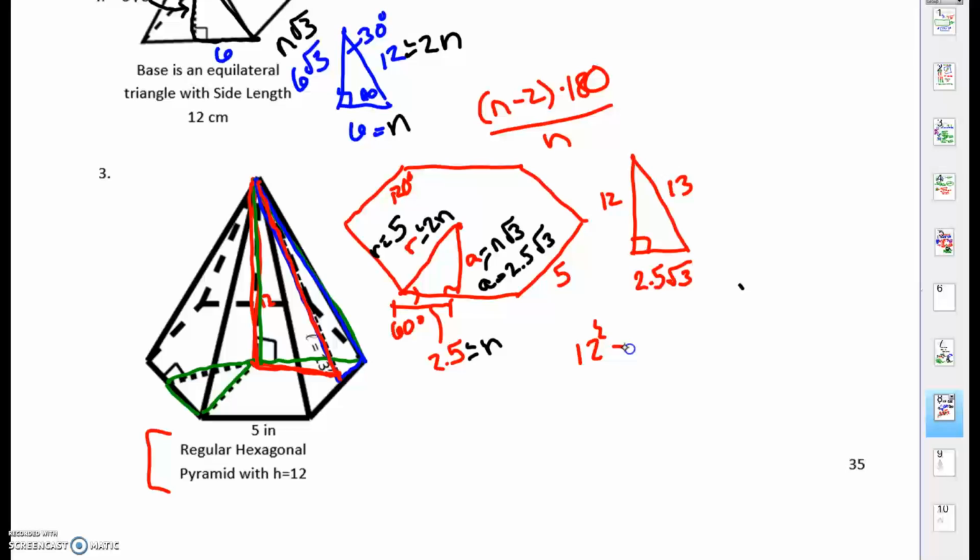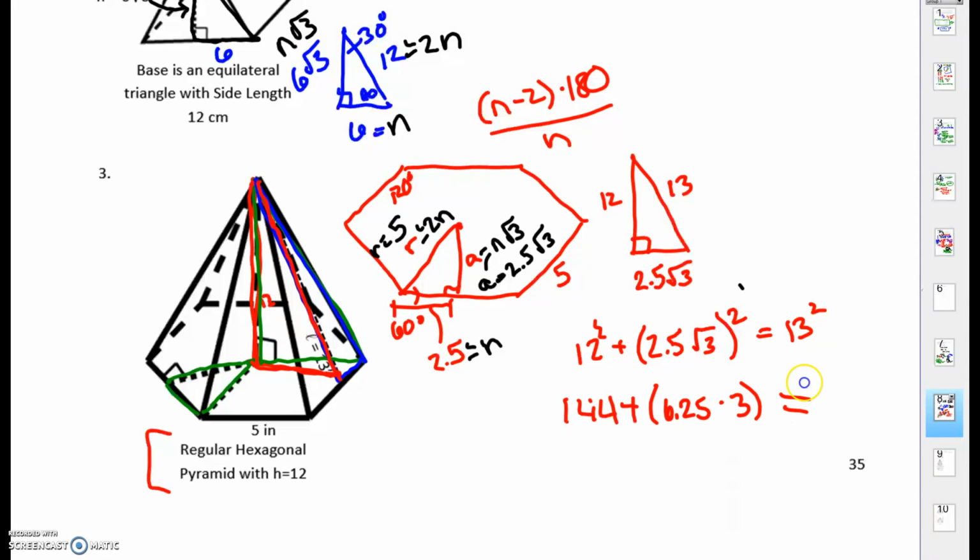So does 12 squared plus 2.5 square root of 3 squared happen to equal 13 squared? Well, this becomes 144 plus 6.25 times 3. And I don't even have to finish working that to see that that does not equal 169.